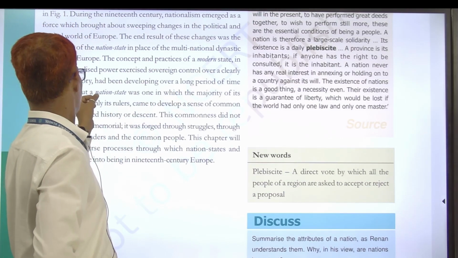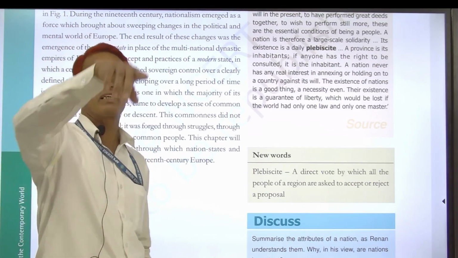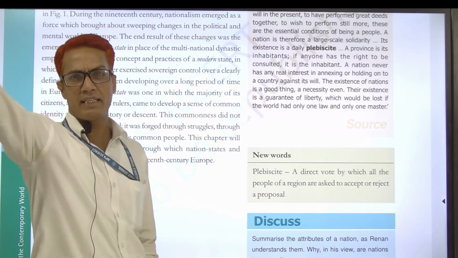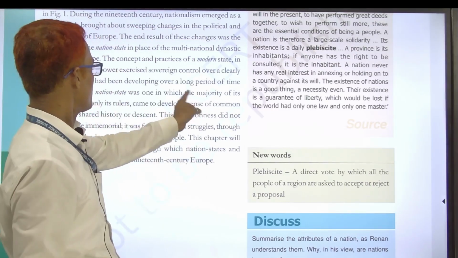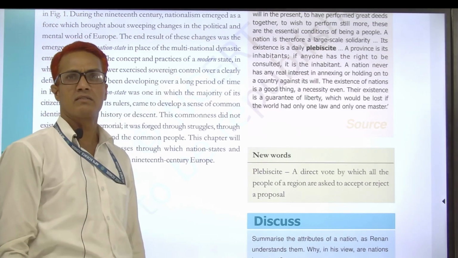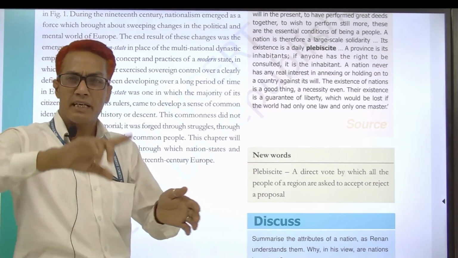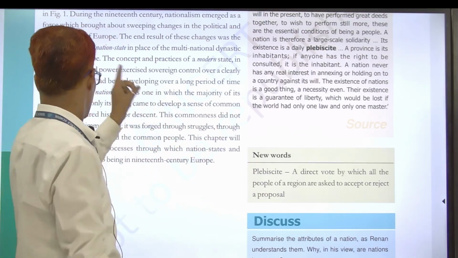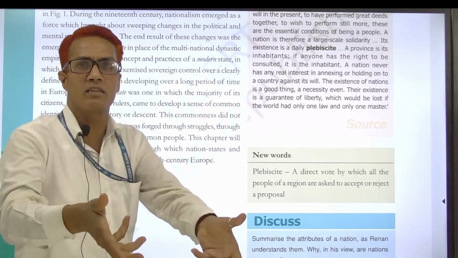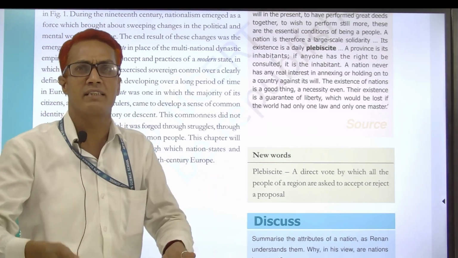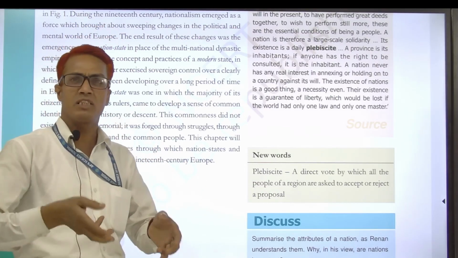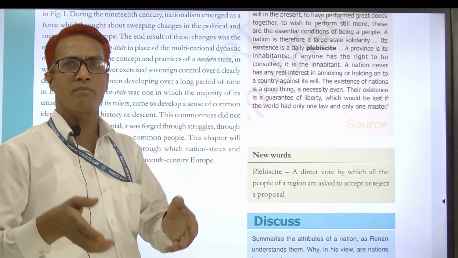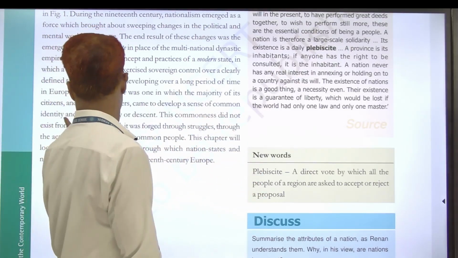According to the previous definition, a defined territory, one area, having a majority of citizens, including rulers also, came together to develop a new sense of common identity.